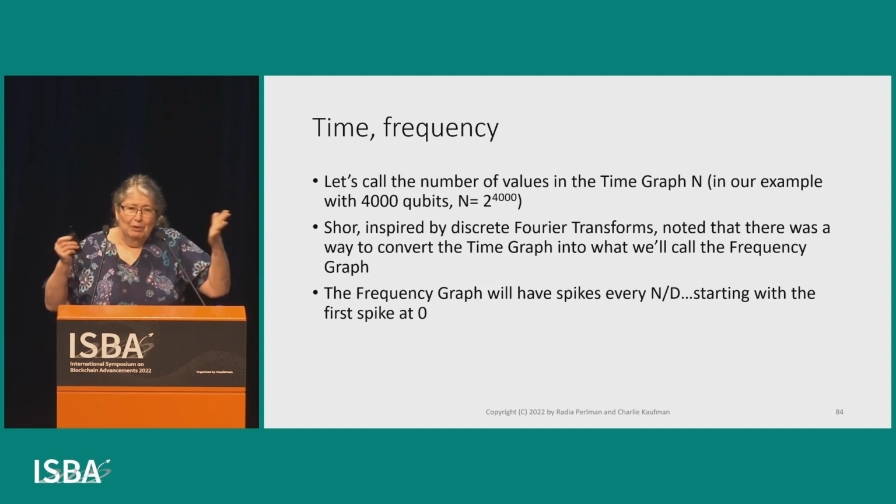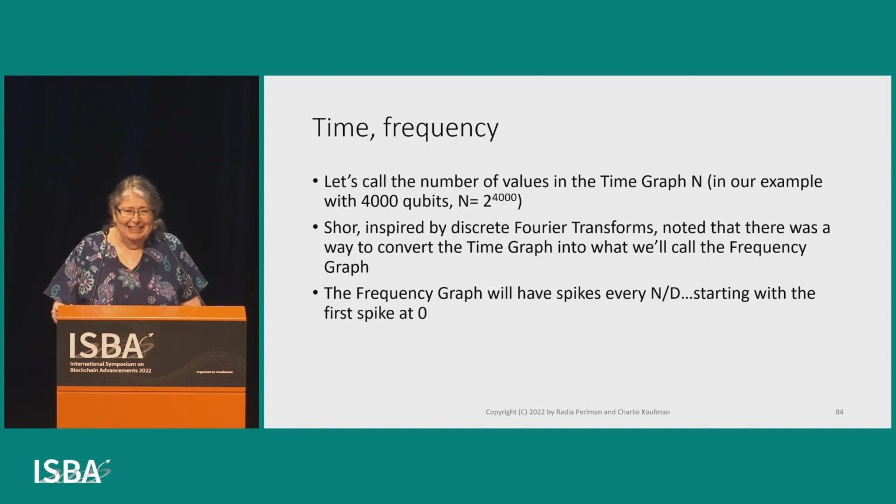So this number you want will be in the denominator in the frequency graph, which is annoying because it was right there in the time graph, but no way to read it in any way. So the frequency graph will have spikes every n over d, but it will start with the first spike at 0. So you're guaranteed to read a useful number. It will be some multiple of something with d in the denominator.